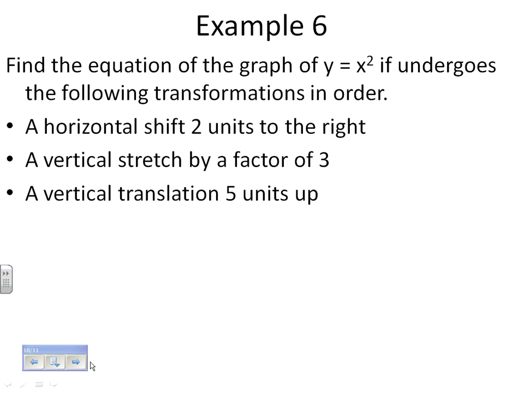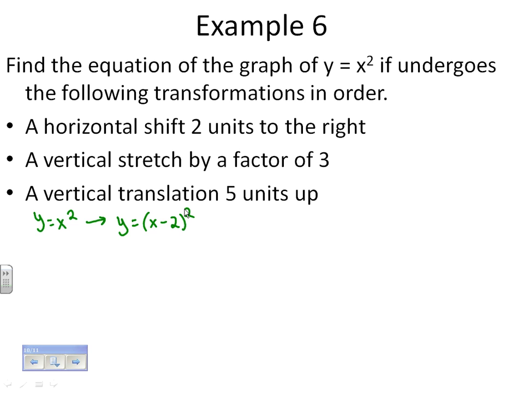For example 6, I'm going to find the equation of the graph of y equals x squared if it undergoes the following transformations in order. In order is important there because we could end up with two different things if we're not going in the order that they're giving us. I want to do a horizontal shift of 2 units to the right. Horizontal shifts go inside parentheses, and so 2 units to the right is minus 2.